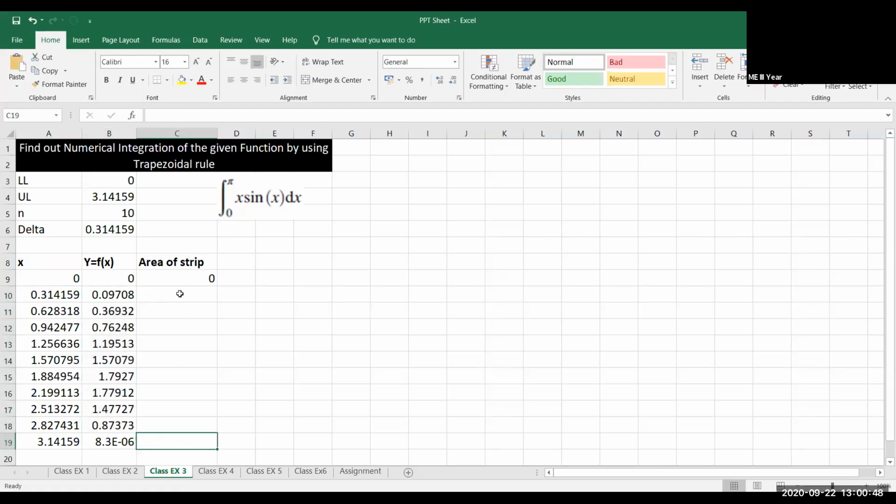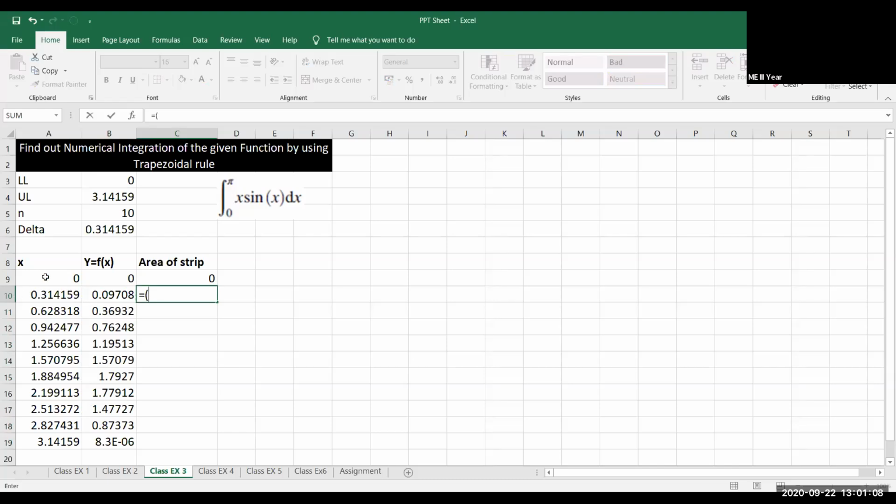Here you have to apply which formula? The trapezoidal formula, because the trapezoidal formula is mentioned here. So simply we will apply the trapezoidal formula to find out the integral value. So what is the formula? Equal to b minus a. What is b here?